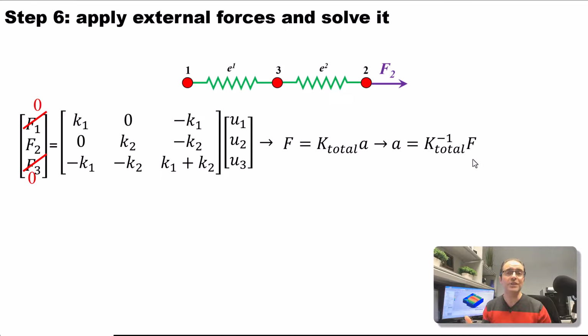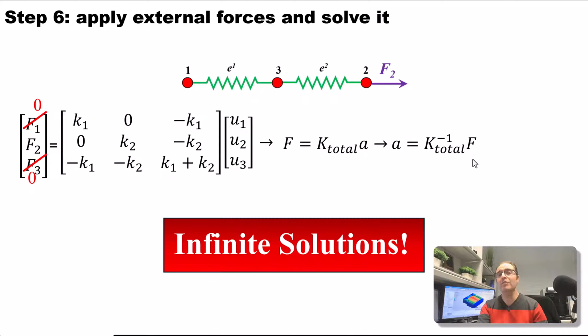This rigid body motion means that U1, U2, and U3 are going to be all equal. We will have an equal amount of displacement on all the nodes, and they will have an infinite number of answers because at any time they could be anywhere in space. This is an issue. We have an infinite number of solutions, and this is not good.